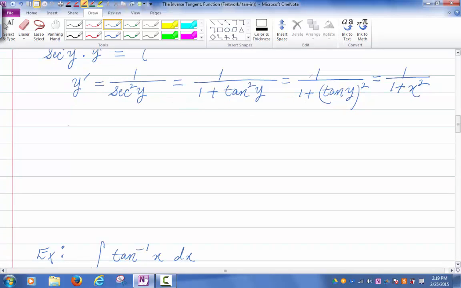So finally I could say y prime is 1 over 1 plus x squared.